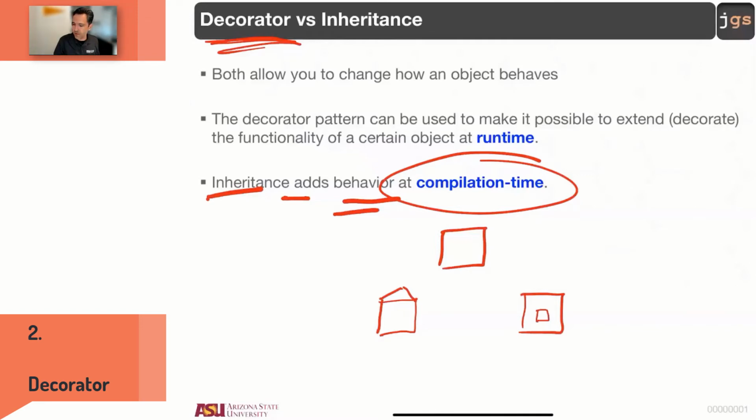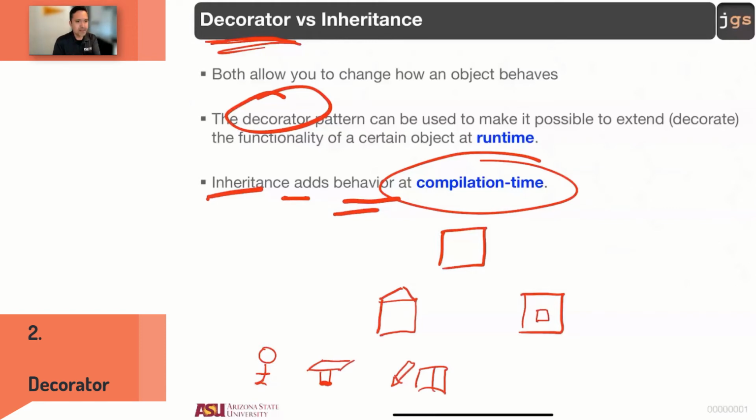What happens when you use the decorator? When you use the decorator, at compilation time, what you are going to have is the class person, the decoration for a professor, and the decoration for a student.